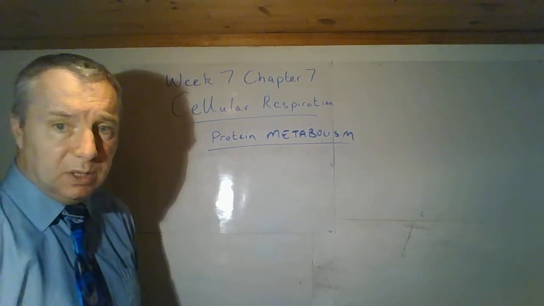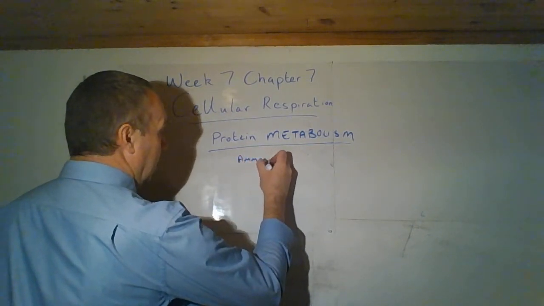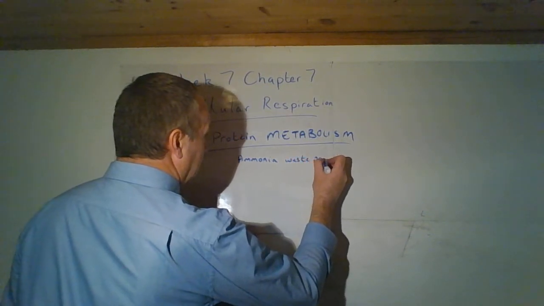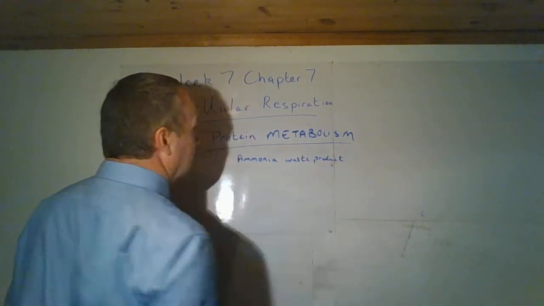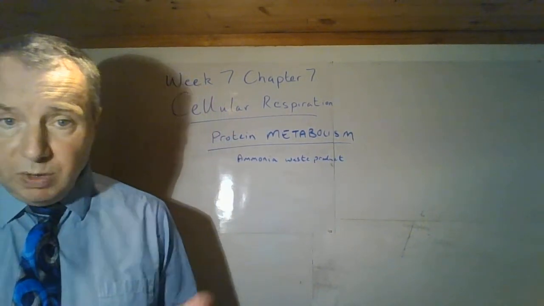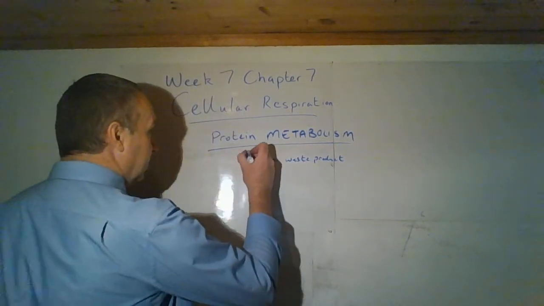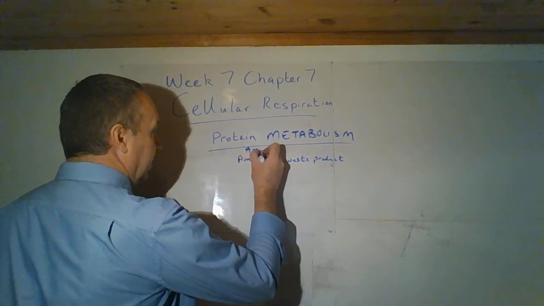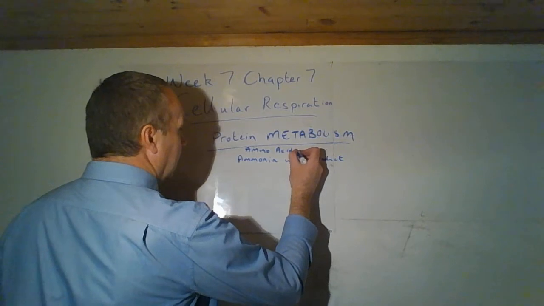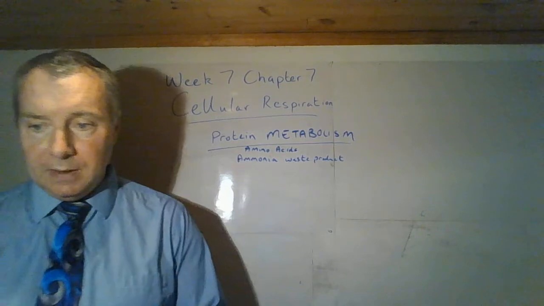One of the reasons for this is because ammonia is a waste product. And each of the proteins has to be broken down into amino acids first, and that takes a little bit of energy too, because amino acids are the digestible parts of the protein.